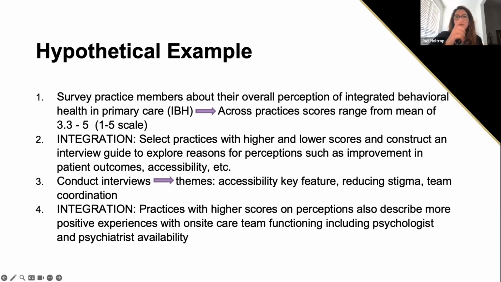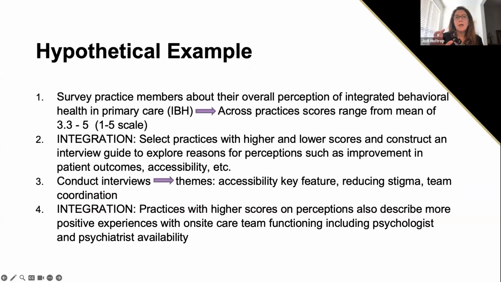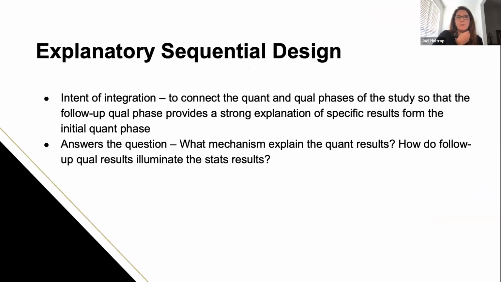So that's a sequential design with explaining as the integration. You're utilizing your qualitative results to explain what you got quantitatively. It also includes some integration in the middle where you're doing some building as well.